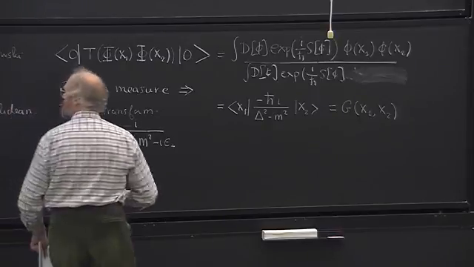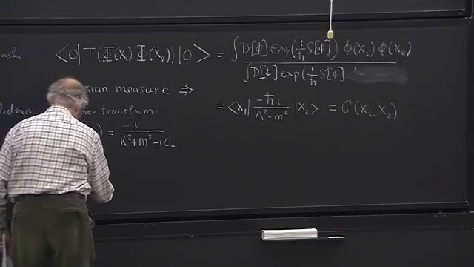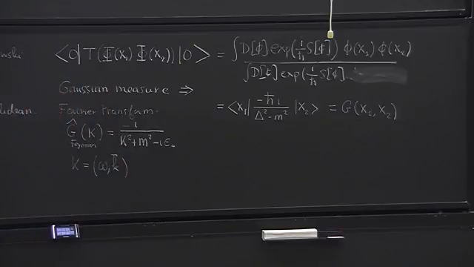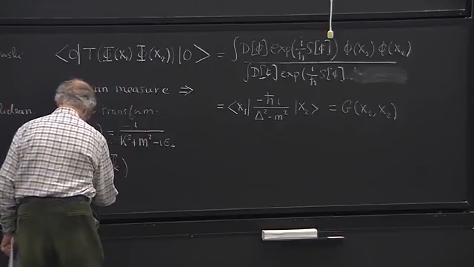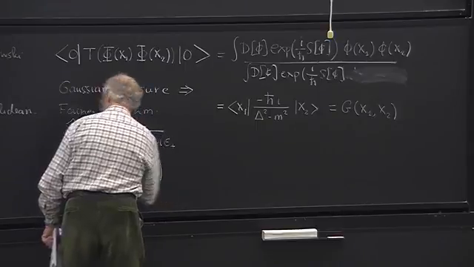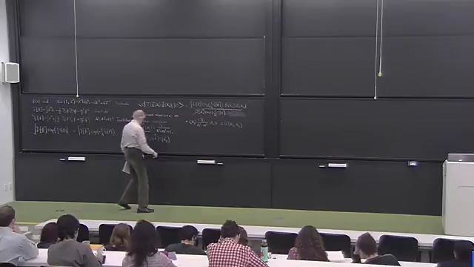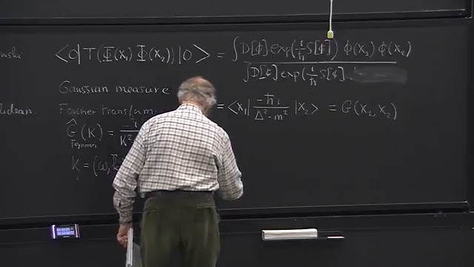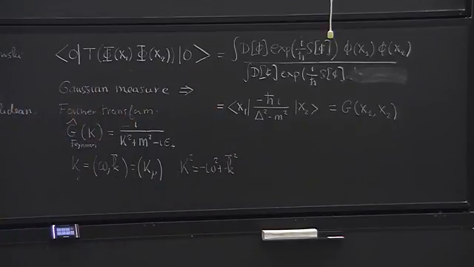And remember, k is a frequency and a space momentum, but this is in fact a covariant vector where the position is a contravariant vector. So with my notation, k squared equals minus omega squared plus k squared. Okay.